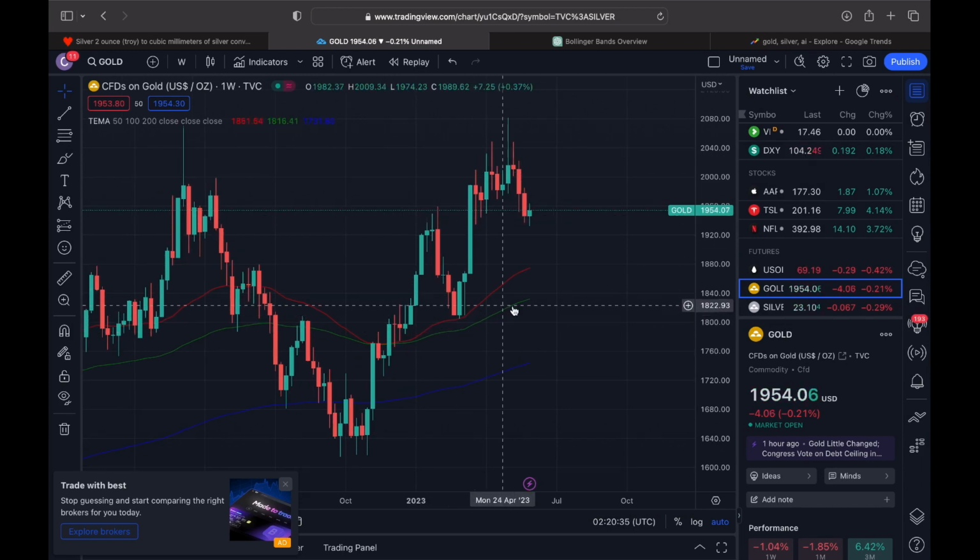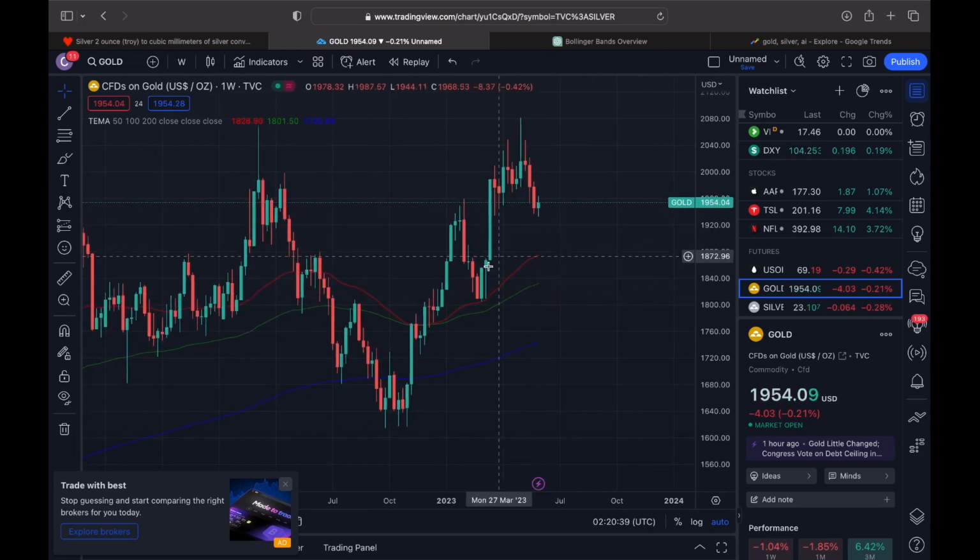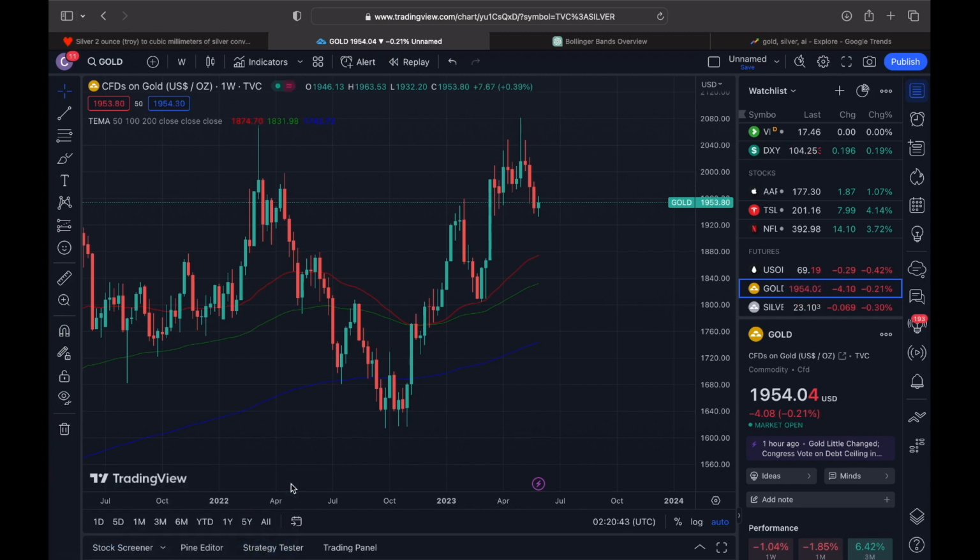Here we also have the moving averages. All right, so what can we derive from gold? Well, I think the chart obviously looks a little bit better than silver right off the bat. It's just a little bit more solid, a little bit more strength in gold, as we can see that this general uptrend has been pretty strong, and it moved above those moving averages in November of 2022.